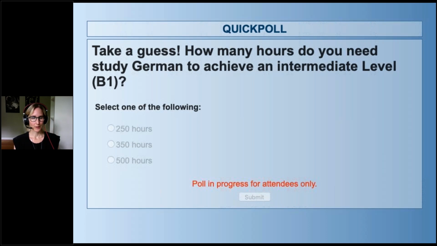If you don't have any German knowledge so far, how long do you think will it take to achieve the B1 level, so the intermediate level of German? How much time do you have to put in? What's the workload to be able to pass that exam? We have 3 options for you: 250 hours, 350, or 500 hours.